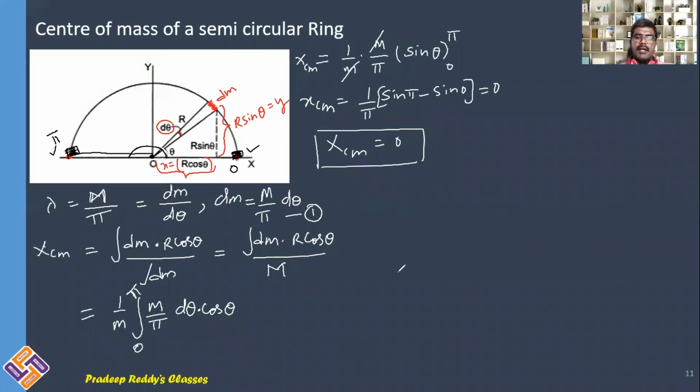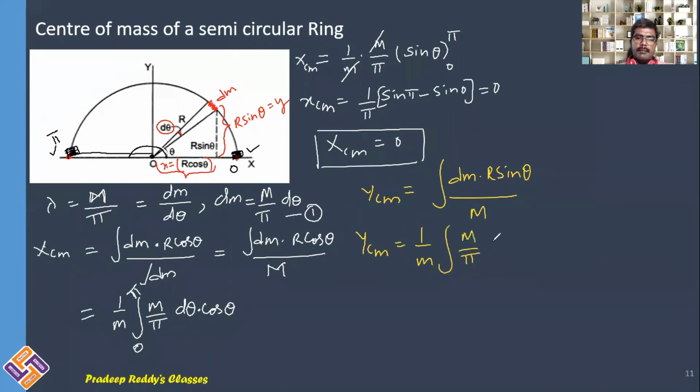This is for xcm. Next, you should calculate ycm. What is the formula for ycm? Ycm is equal to integration dm into r sin theta divided by capital M. So ycm will be equal to 1 by capital M into integration. What is dm? Capital M divided by pi into r sin theta into d theta.